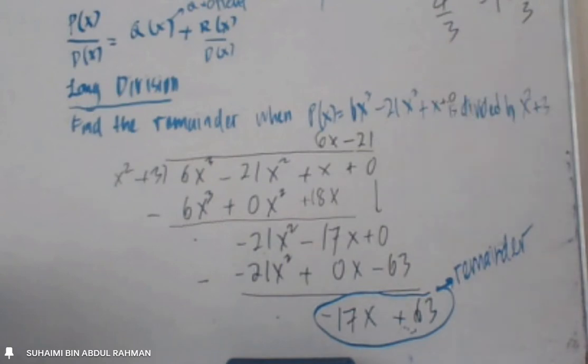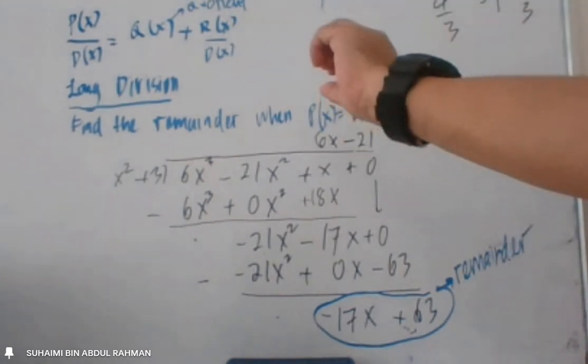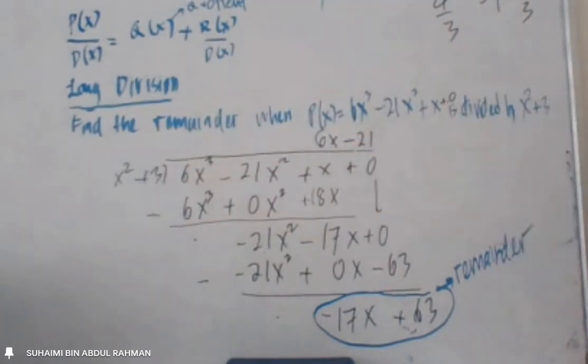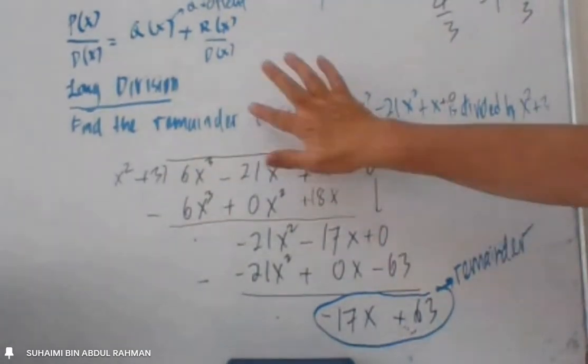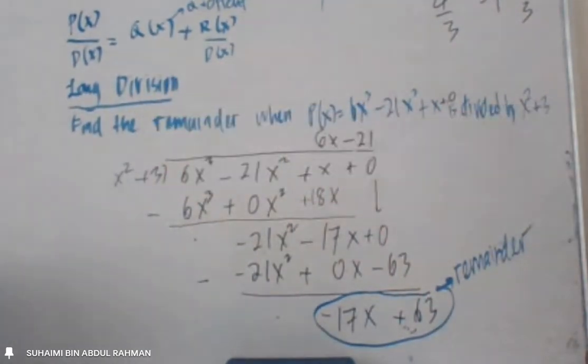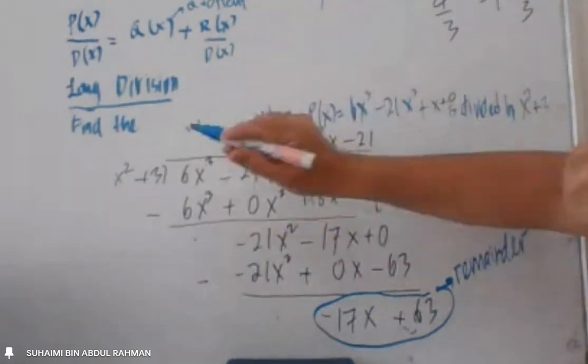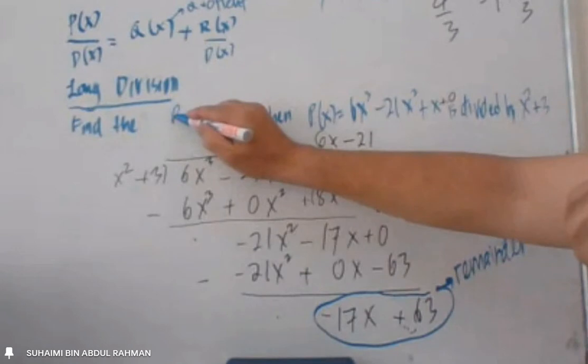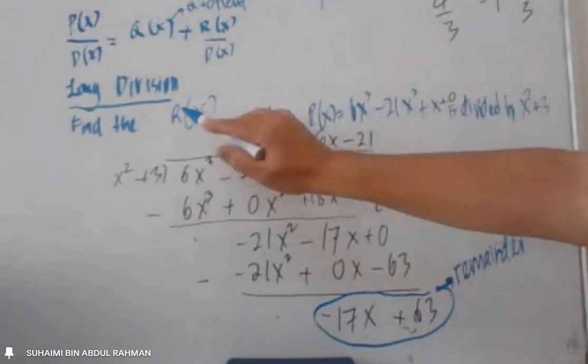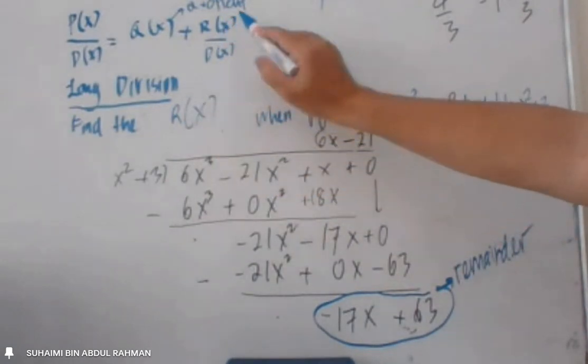In some questions, they may change the remainder to the quotient, so you know what the quotient is. And sometimes it is not written like this, but as: find R(x). Understand that R(x) is the remainder.